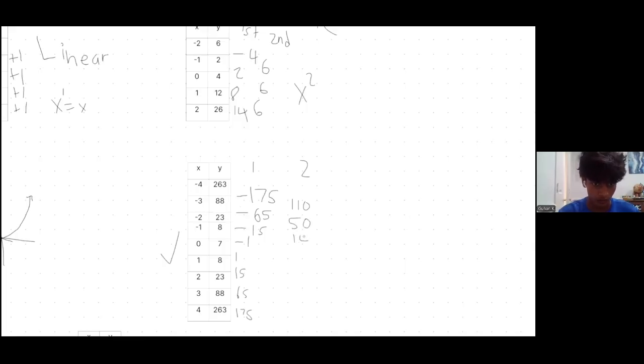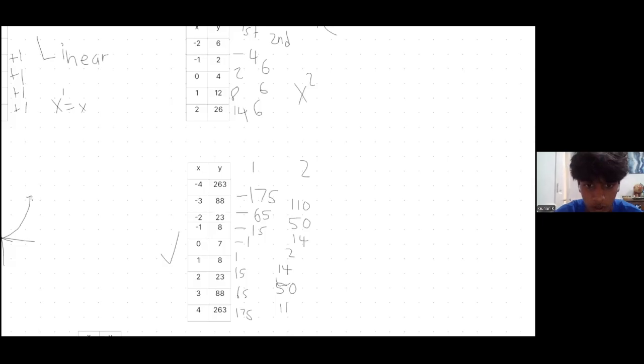Is it going down? 1 minus negative 1 is 2, no, sorry, it's still going up. 15 minus 1 is 14. Here, 65 minus 15 is 50, sorry. And then back to 110. Okay, our second difference isn't constant either.